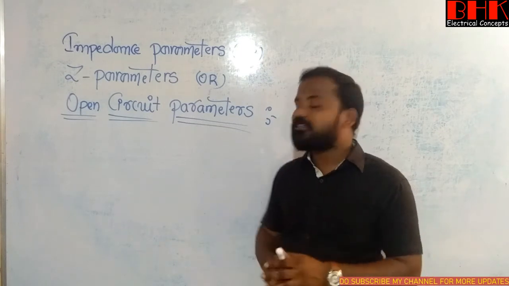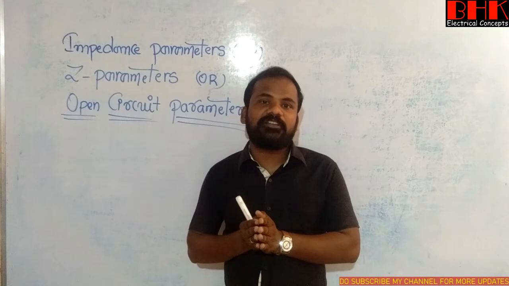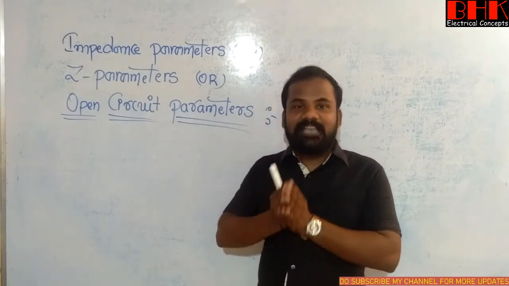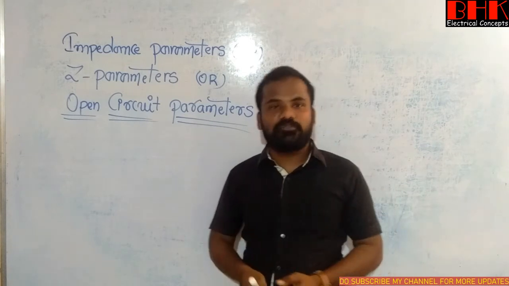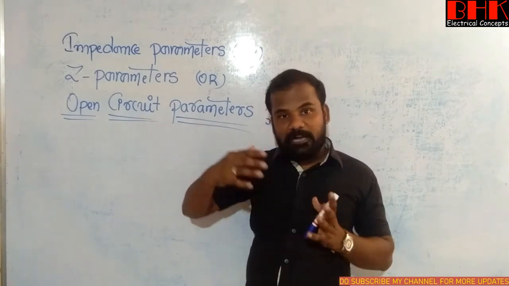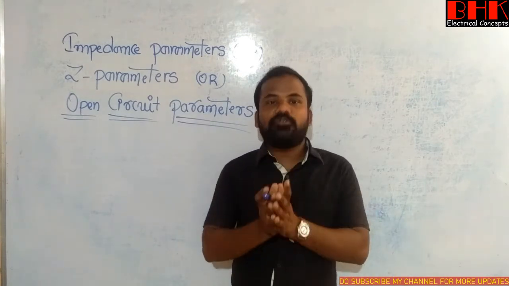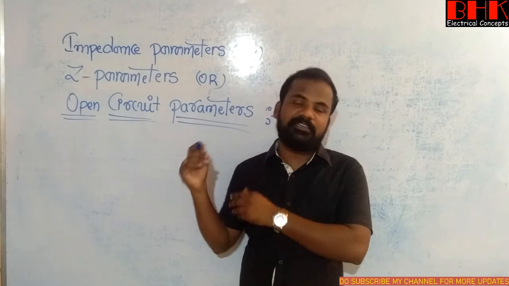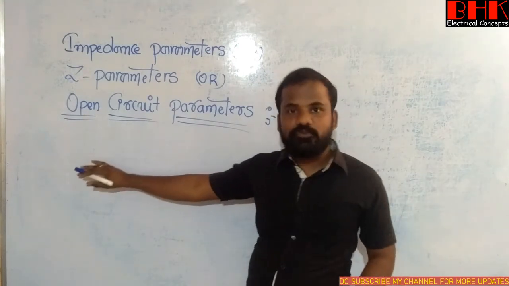So we need to take the standard equations of a two port network, with voltages always in terms of currents. With the help of these two equations, we are going to find the unknown impedance values from the given circuit or network. Clear?